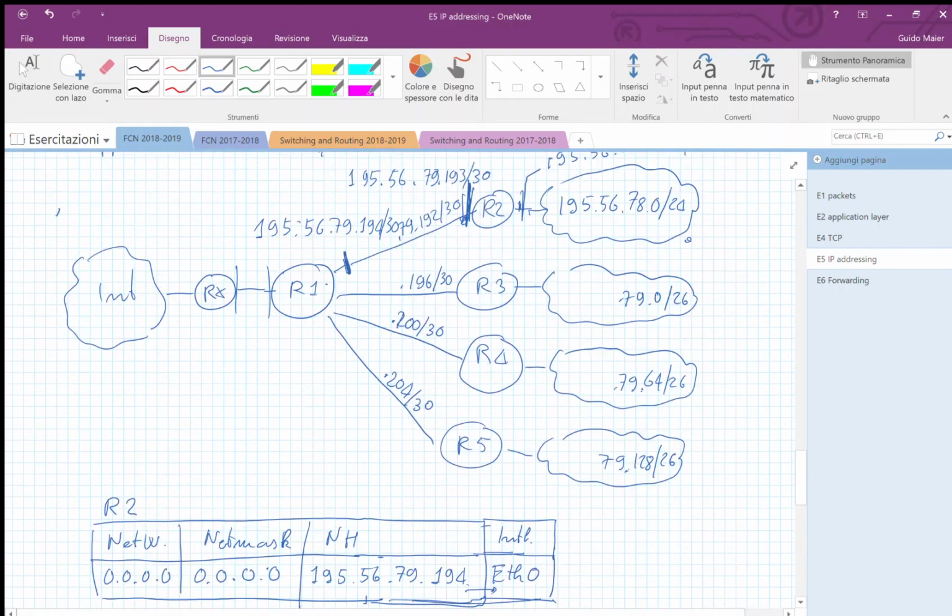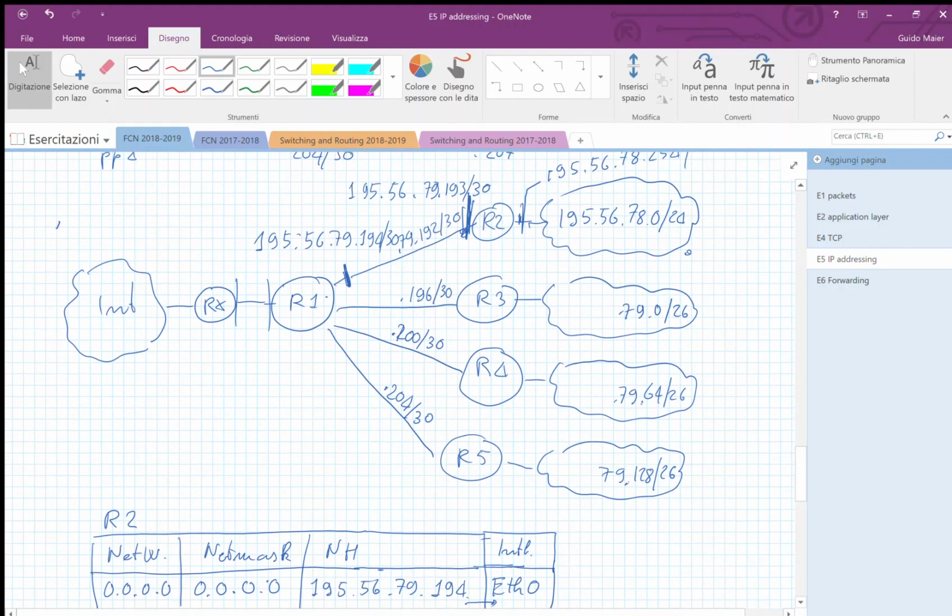Let's say that instead of having this topology, we have, let me put it in red, that this link is not existing, and R3 is connected to R2. Okay.